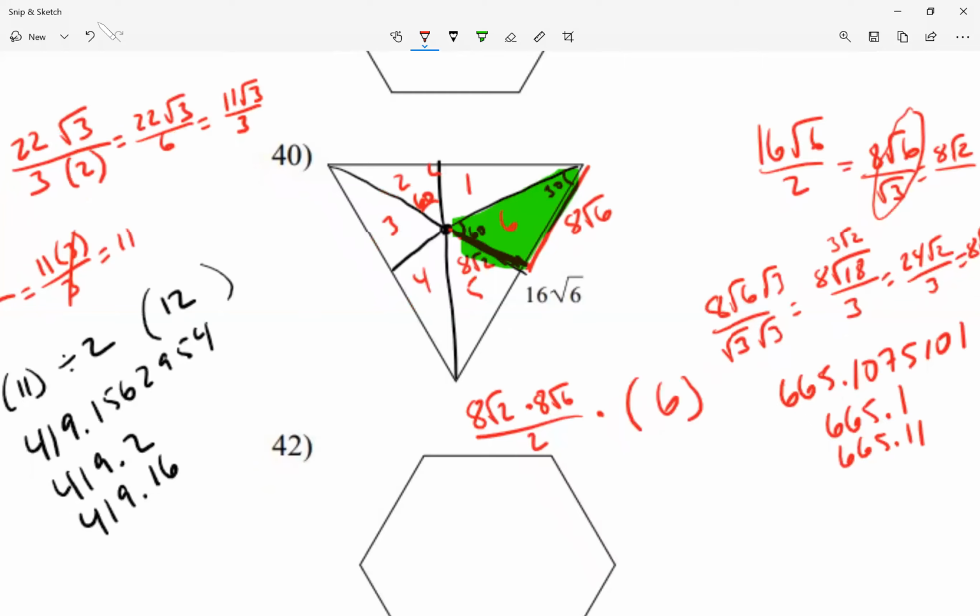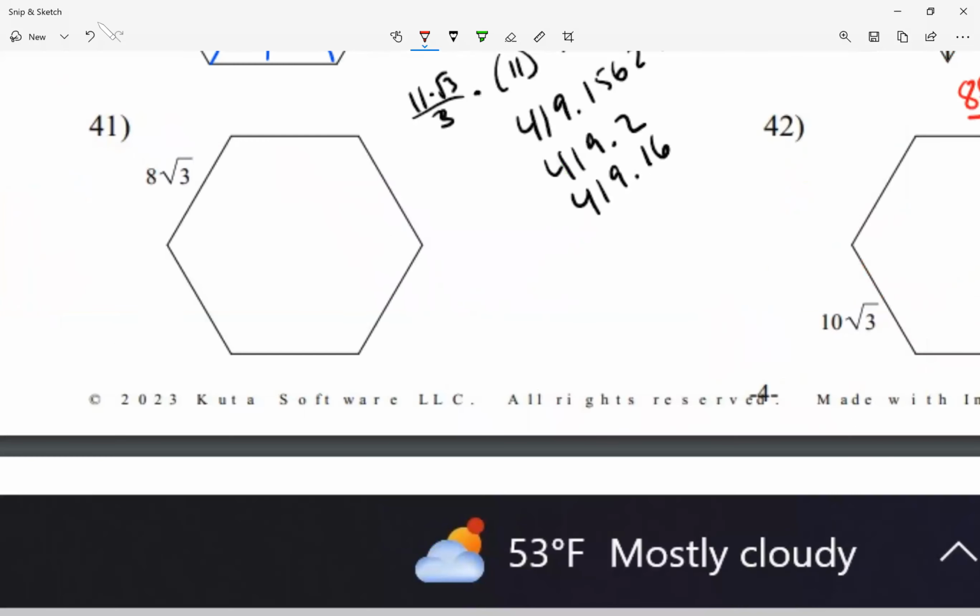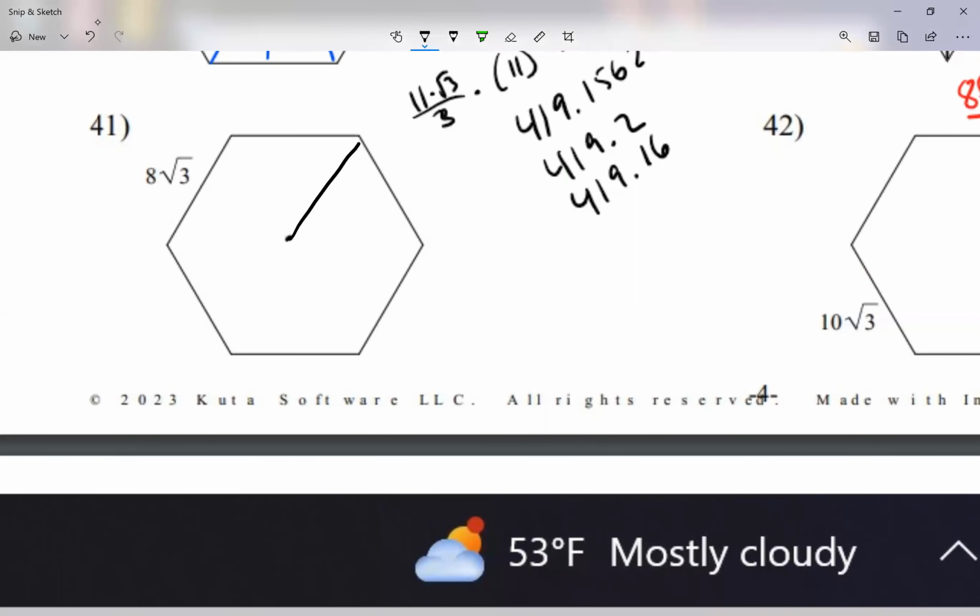Okay, let's take a look at question number 41. First, here in the center, I go to the corners of my polygon, right? The corners, we call those vertices. So I go to the corners, and then I cut each of my triangles in half.